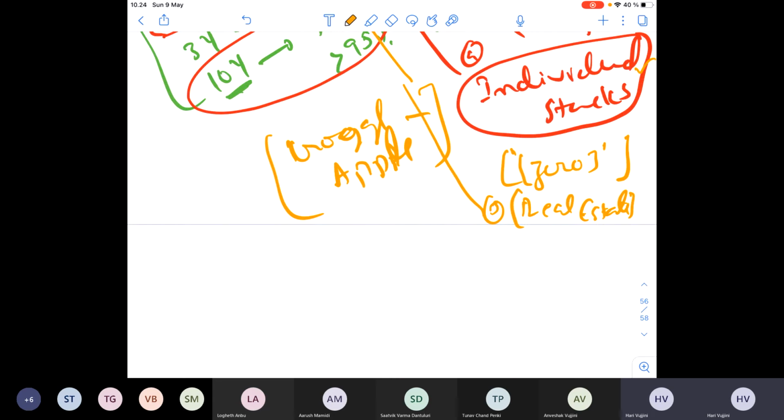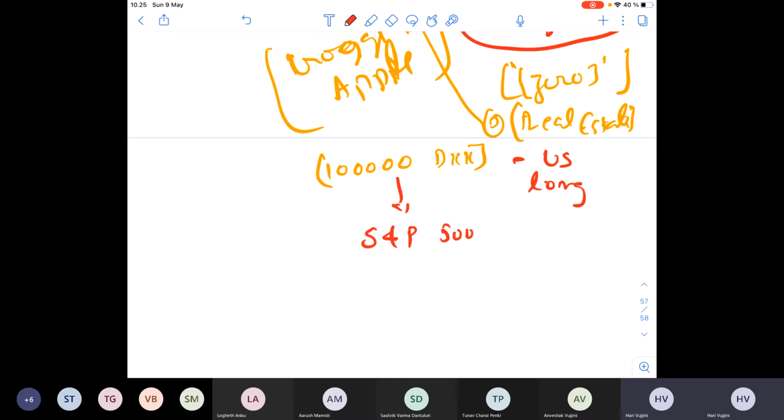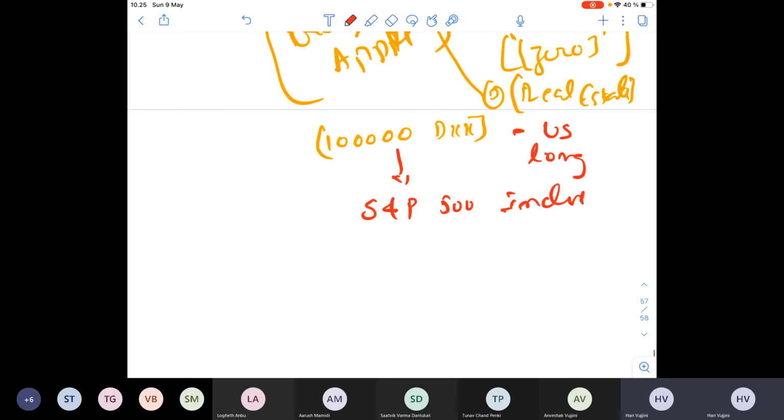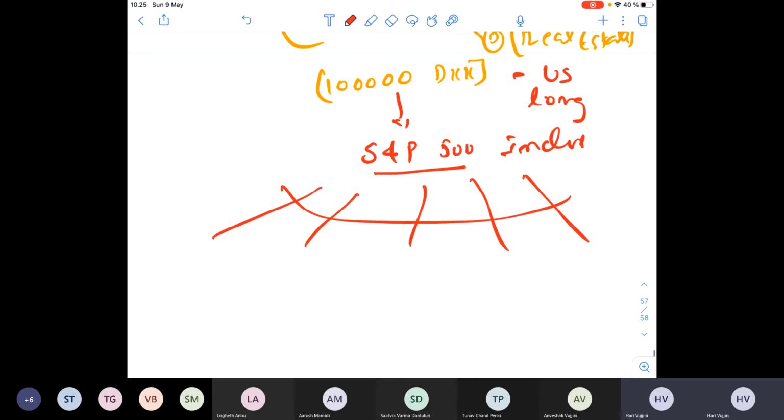So index funds typically track the indices of a given country. For example, if I have 100,000 today, and I know the US in the long run is going to do well, what I can do is invest in an S&P 500 index fund. When I invest in an S&P 500 index fund, basically I am investing in the top 500 US companies.